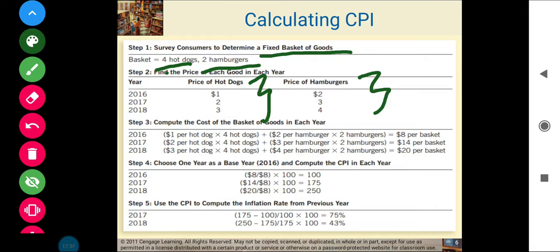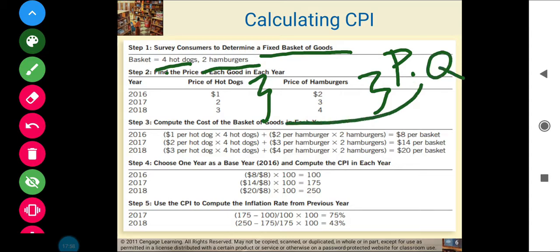And then the next step, we compute the total cost of the basket of goods. We multiply the price of the good and the quantity of the good.